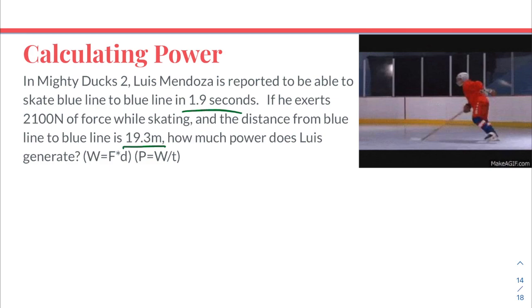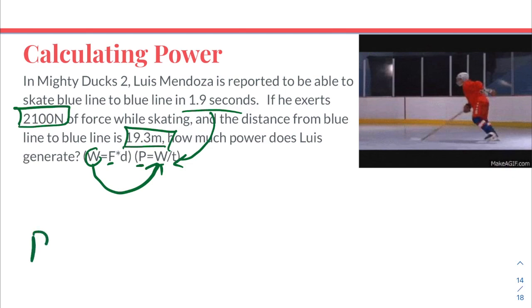So in this question, we are trying to find power, but it doesn't give us an amount of work in joules. However, it does give us a force right here and a distance right here. So we can solve for work and substitute that in here, and then our time comes from here, and we're going to combine two equations into one.